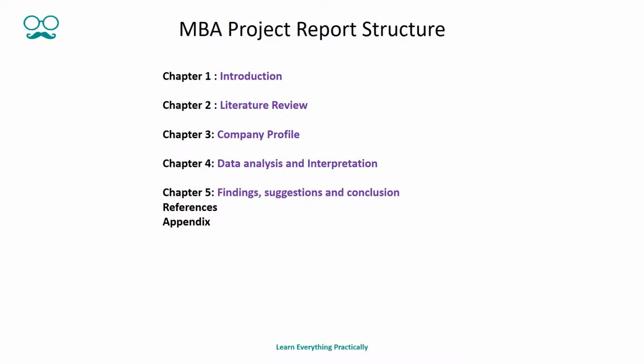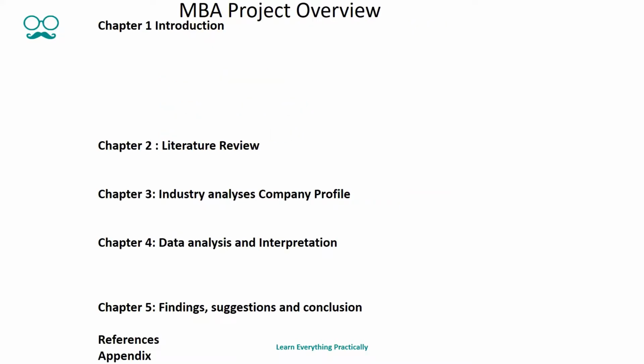Let us understand what each chapter comprises. Chapter 1, the introduction, has the following parts: introduction to the project; objectives of the study, so what would be the end result of the project; need for the study, why is this study required; and scope of the study, like what population it is covering and what industry it is covering.